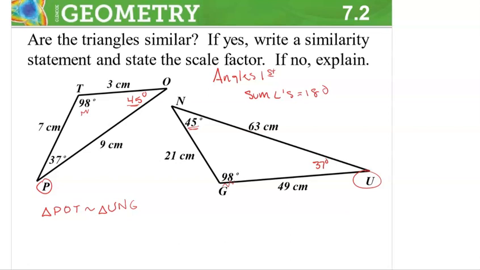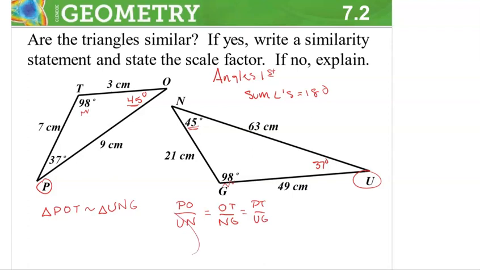Now that we have the corresponding angles matched up, we can match up the sides, and the sides should be proportional. So PO over UN, again I'm getting this from the order of everything in the statement, OT should be proportional to NG, and then I have PT that should be able to make a ratio with UG, and all of these ratios should be the same.